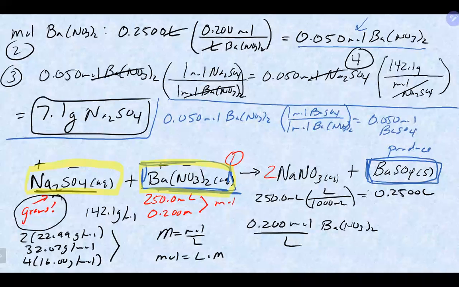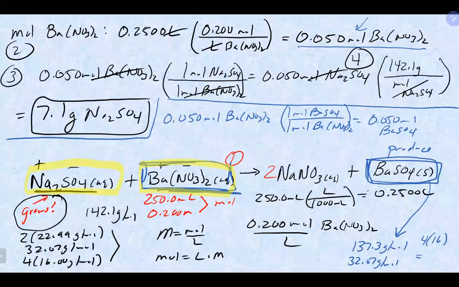That would be the theoretical yield of barium sulfate in moles, but we want grams, so we'll use the molar mass of barium sulfate. Barium is 137.3 grams per mole. We got 32.07 for our sulfur, and we also got our 4 times 16 there for our oxygen.